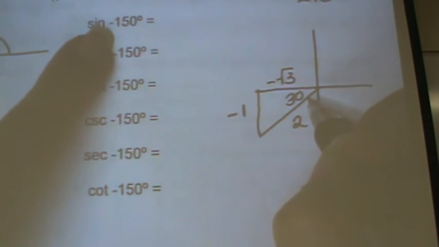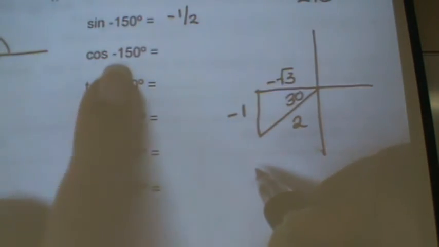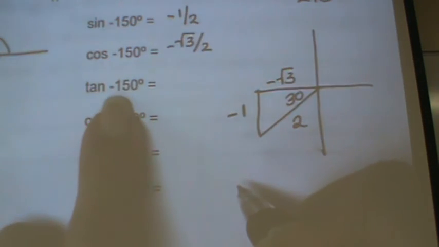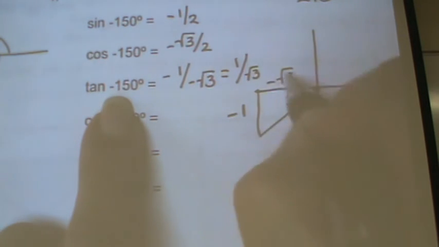Now, what's the sine of this now? It's going to be -1/2. What's the cosine? -√3 over 2. Tangent, -1 over -√3, which those negatives will cancel out. I'm just writing it all in there for you.